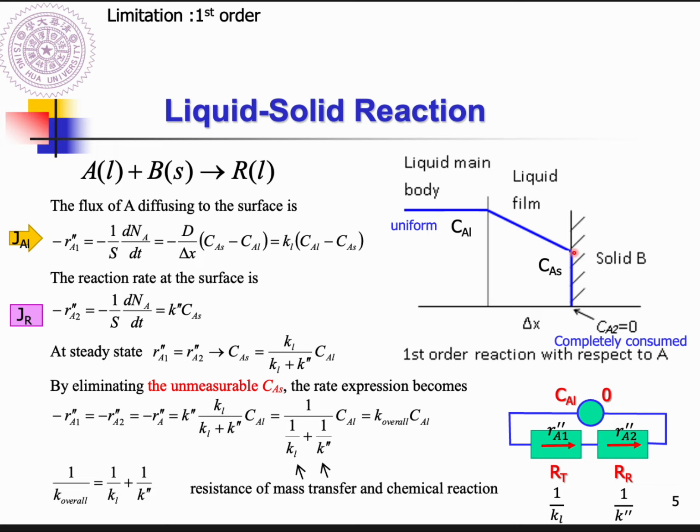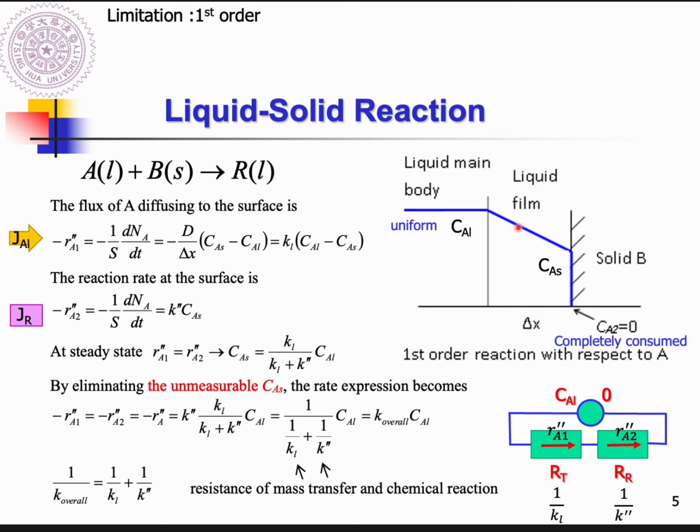And when it arrives on the surface of solid B, the concentration becomes CAS, meaning on the surface of solid B. After reacting with B, we assume it will be completely consumed at this interface.